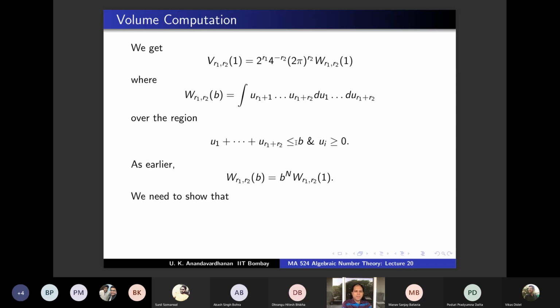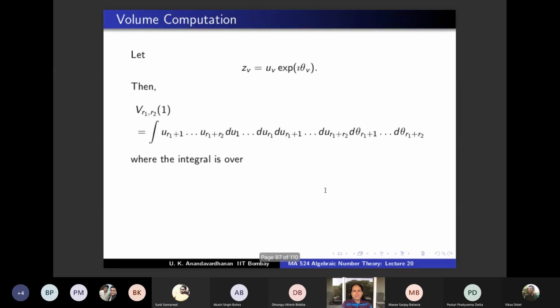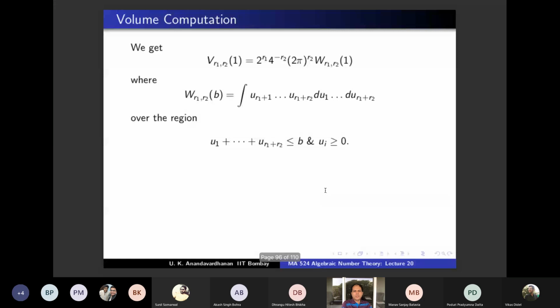It's scaling by b. And we need to show that W_{R1,R2}(1) equals, what should we show? Because if you recall our claim, all these things have come out already. A^n anyway we are not bothered about because we are computing at 1. So what you need to show is W_{R1,R2}(1) is equal to 1/n!. That integral is 1/n!.